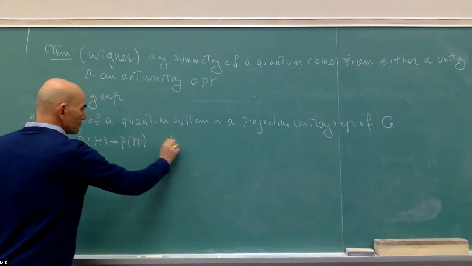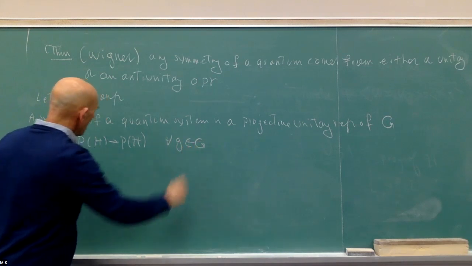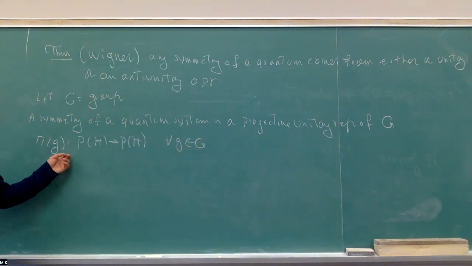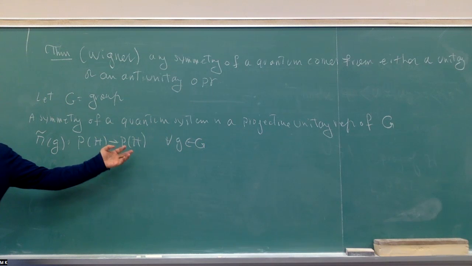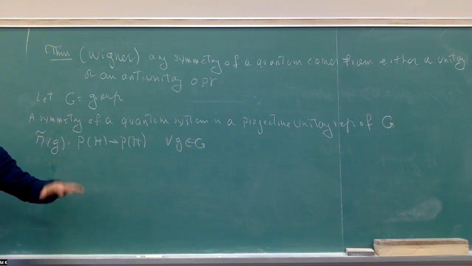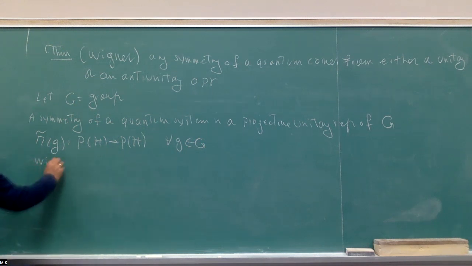For any G. So now we can actually, so let's call it pi tilde. Wigner says that this comes from either a unitary or anti-unitary. Let's assume we are in the case that it comes from a unitary.